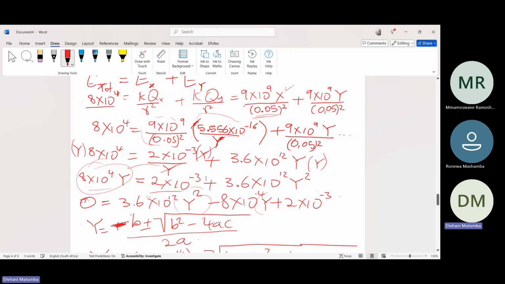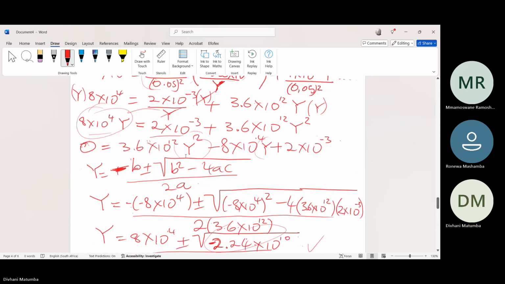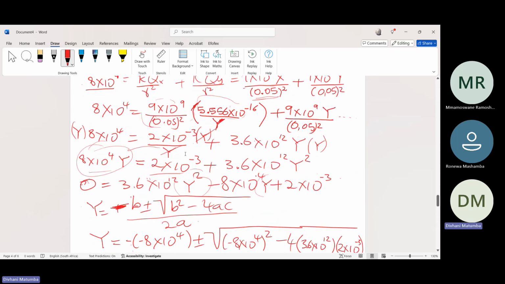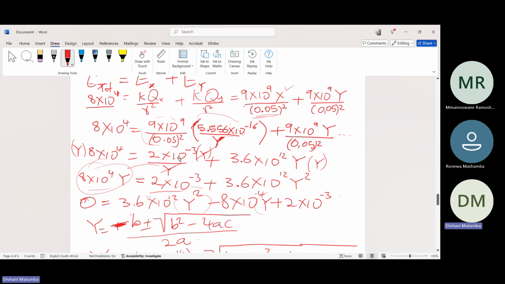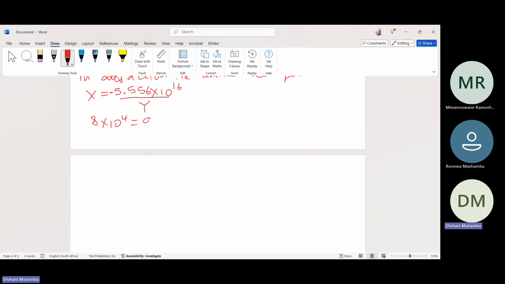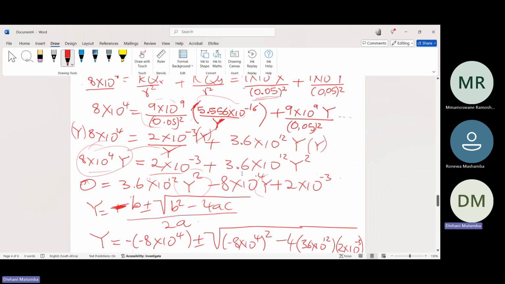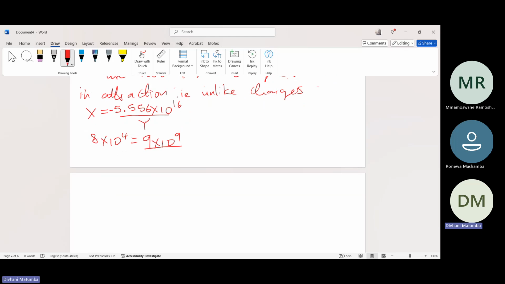I will have 8 times 10 to the power of 4 is equal to 9 times 10 to the power of 9 divided by 0.05.